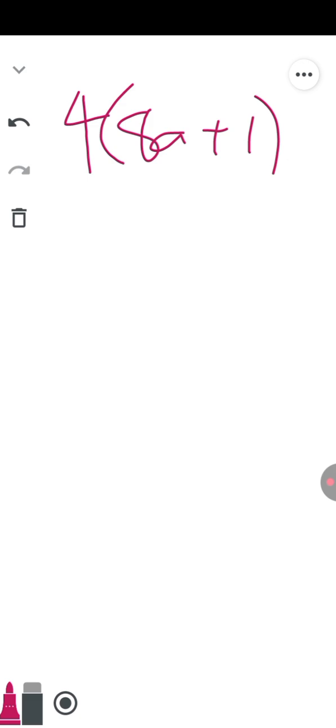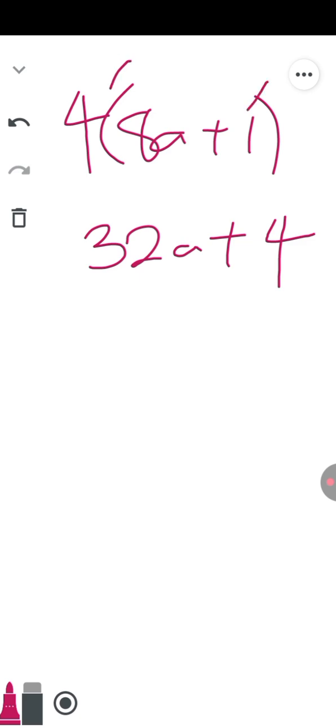That'll be 32a. Then 4 times 1, that'll be plus 4. Is that okay? So basically, you must use this to multiply this and this to multiply this. Is that okay?